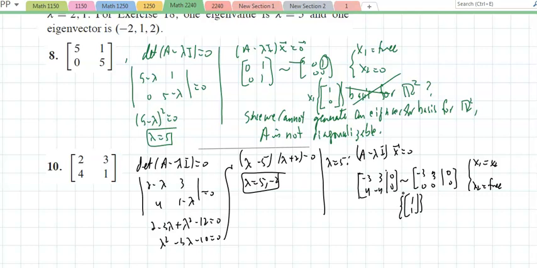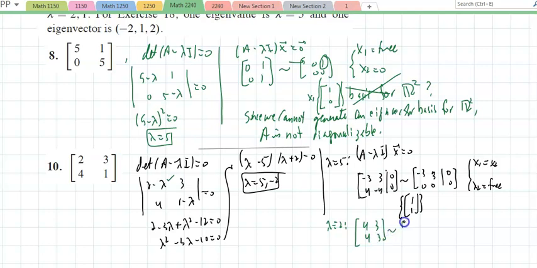And if I take lambda equal negative 2 and see what happens, I'll be looking at 2 minus negative 2, which makes this a 4, 3, 4, 3.